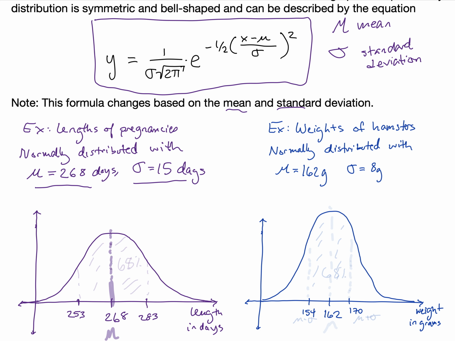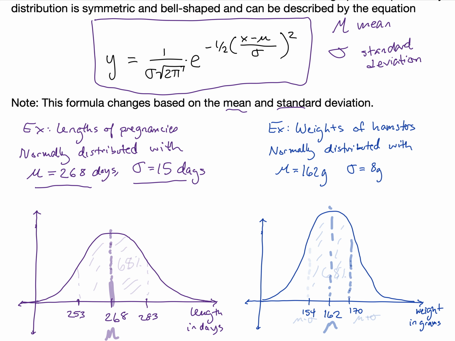It should be the highest point on the curve. This other distribution has a mean of 162 grams. Again, this is our mean. It should be the tallest point on the curve, and it's the center of the data. And this has a standard deviation of 0.8 grams.